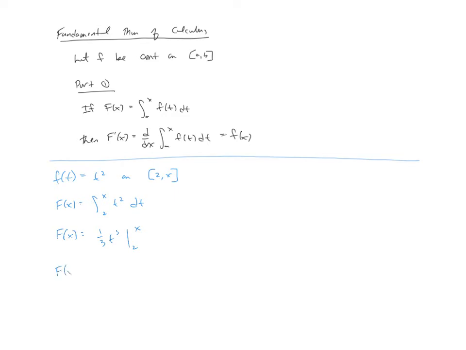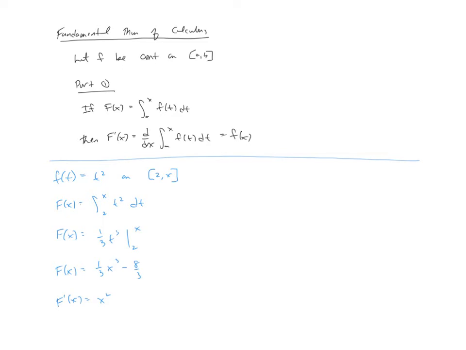And again, moving straight down, that would give us 1/3 x cubed minus 8/3. If I evaluate from the top by plugging that in, minus evaluating from the bottom, that'll give us our 8/3. And so now, when we take this derivative, F prime of x, notice what happens right here. That gives us our x squared.